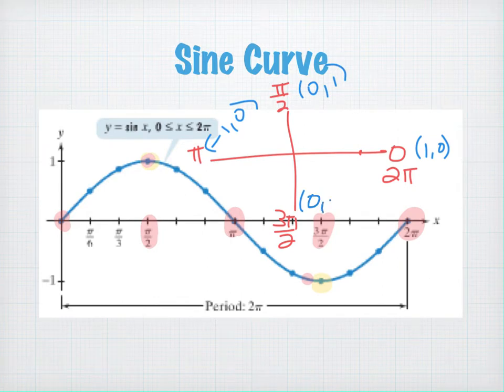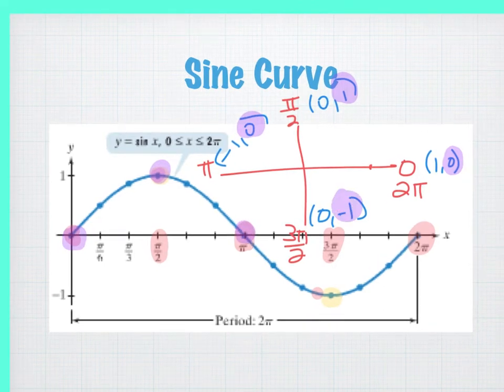So if I focus on just the sine of these coordinate points, which is the y, at 0 it's 0, there's that coordinate point. At pi over 2 it's 1. At pi it's 0. At 3 pi over 2 it's -1. And we come back around to 2 pi and it's 0. So that's where these points come from.